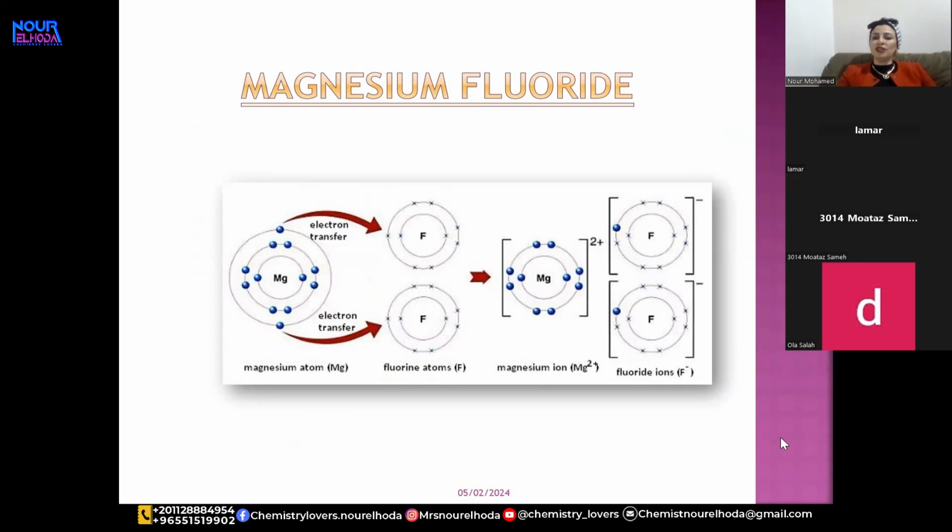So every fluorine will take 1 more electron. That's why it's going to form a negative ion, but the magnesium is going to be positive 2. So you're going to draw for fluorine 7 crosses and 1 dot, because every fluorine gained 1, but the magnesium lost 2. That's why for magnesium I wrote positive 2, but for every fluorine negative 1.